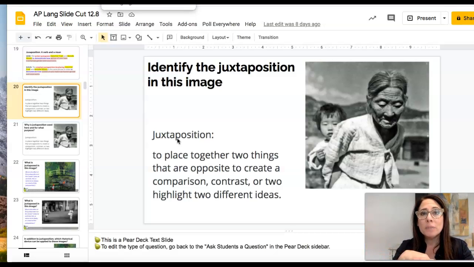So juxtaposition is used to create a relationship or to point out a relationship, as are many of the devices that we're working with. So remember, it's not just that there's a good and bad or a different A, different B next to each other, right? That's half of thinking about a rhetorical device. It's also that they're creating a relationship with one another.